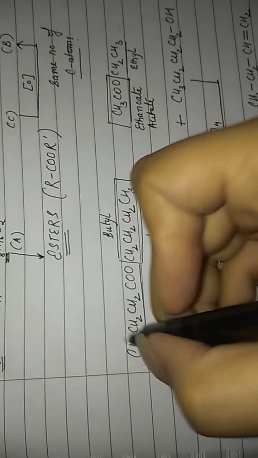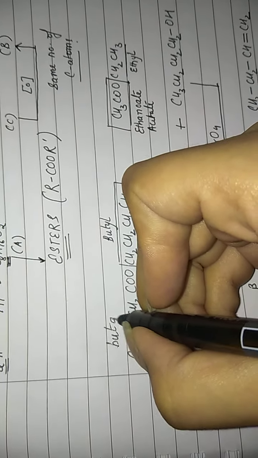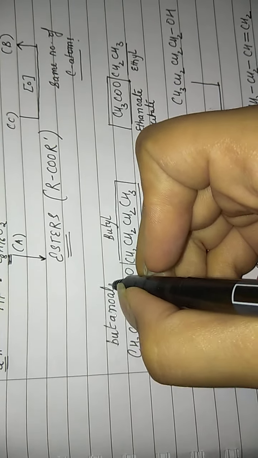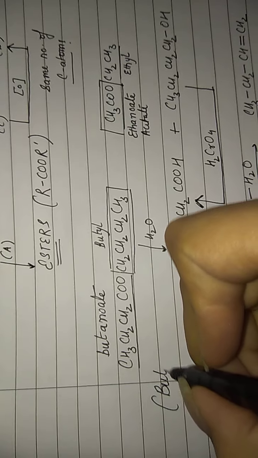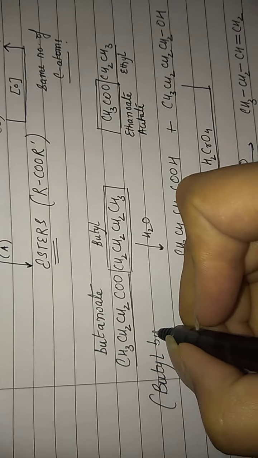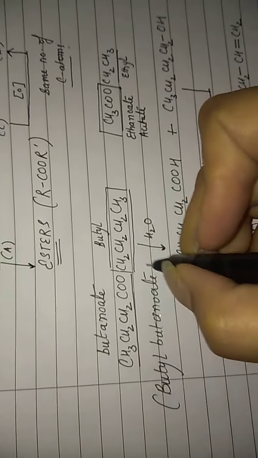Again 4 carbon atoms, so this becomes butanoate. So what will be the name of the ester? Butyl butanoate. This is how you're going to name esters. Just a repetition of class 10th.